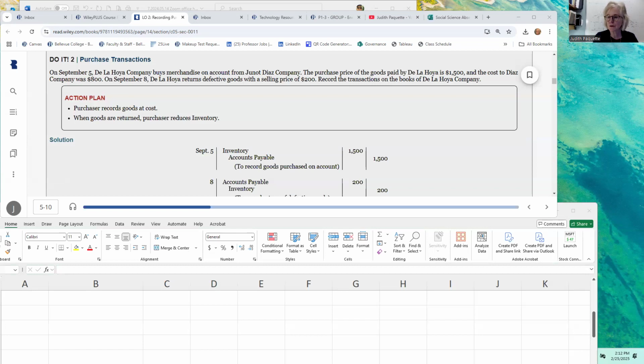Book the journal entries, I'm going to call it JEs, for the sale and the return on Diaz's books. Take a minute and do that.